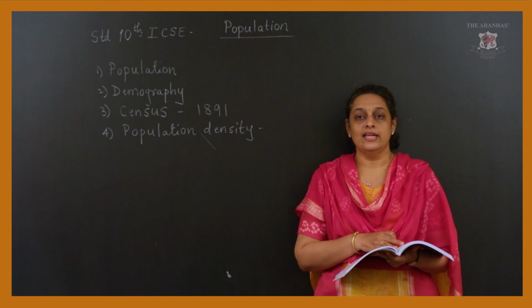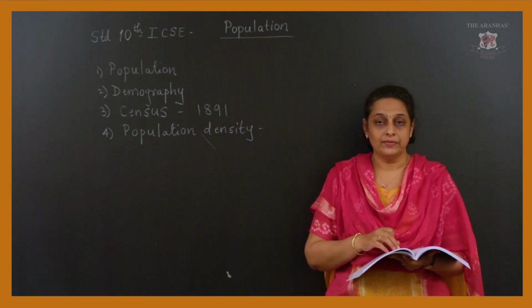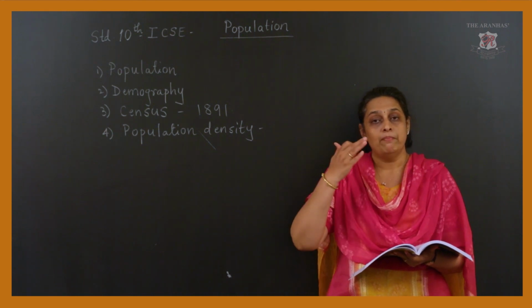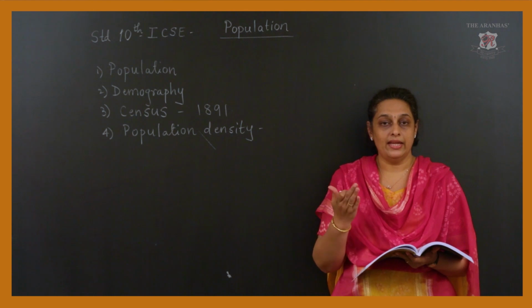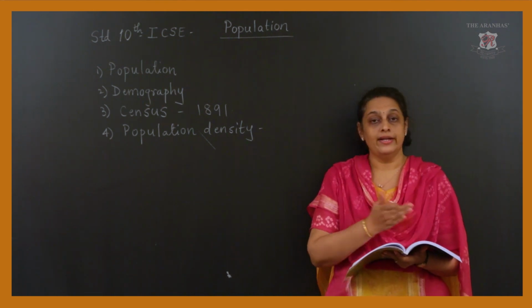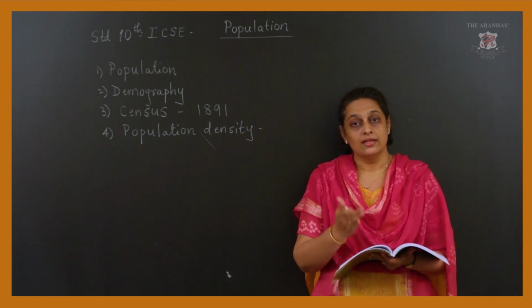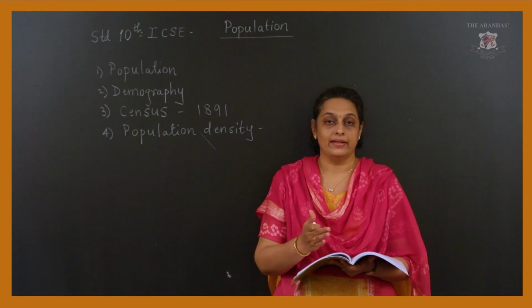So, another thing you have to keep in mind, in case of population density, there are many reasons why in a particular area population density could be less or it could be high. One major reason is how is the climate.